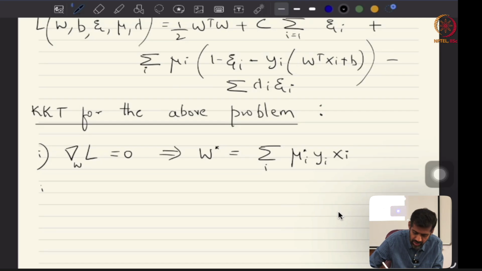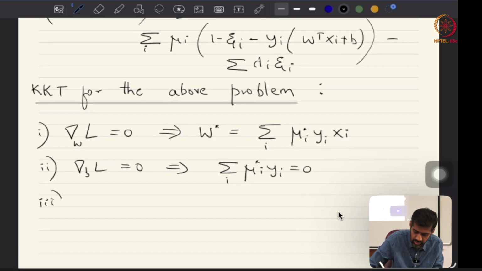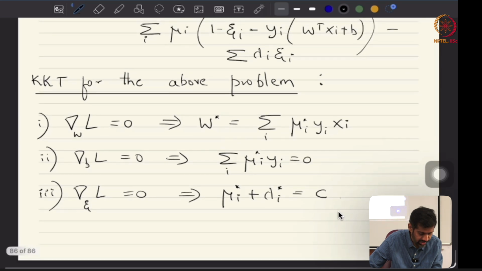And if you take the derivative of this with respect to b and put it to 0, then we'll have to now take the derivative of this with respect to xi as well, right. So, this will give rise to this one constraint, that mu_i star plus lambda_i star is equal to C, for all i.